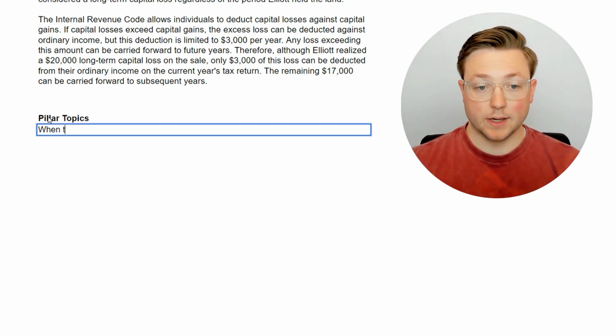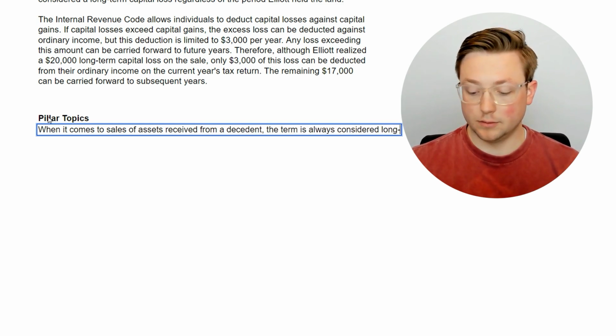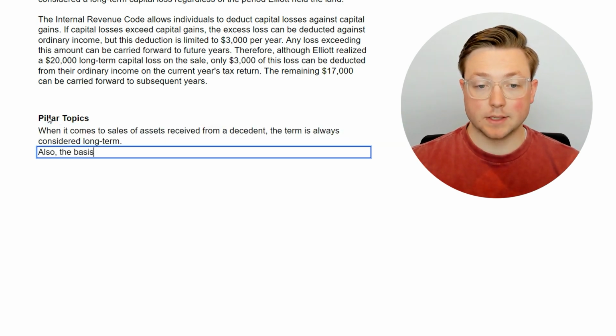All right. When it comes to sales of assets received from a decedent, the term is always considered long term. Also, the basis for gains and losses is the fair market value of the asset at the date of the death of the decedent.